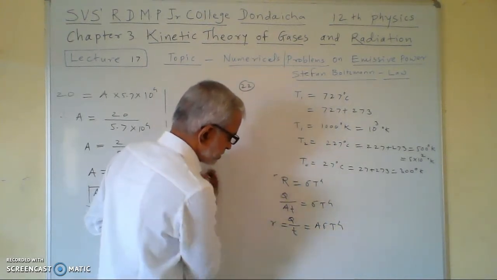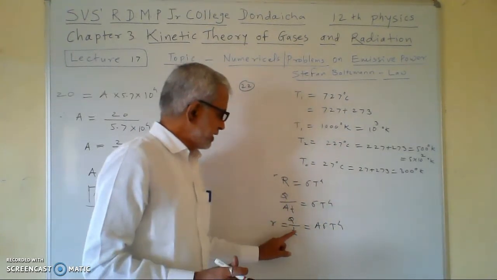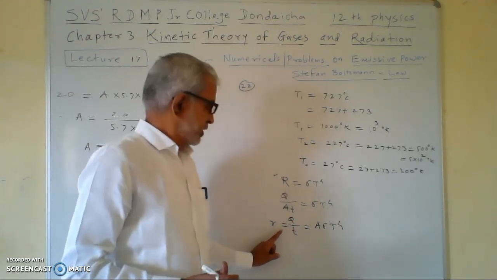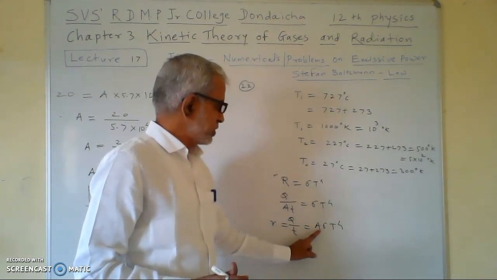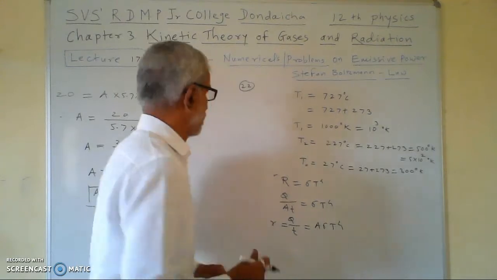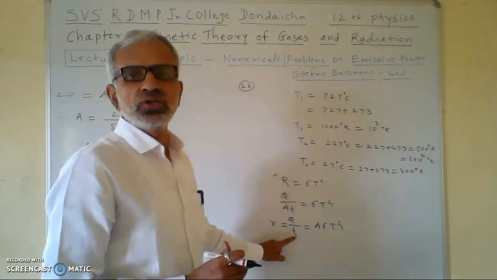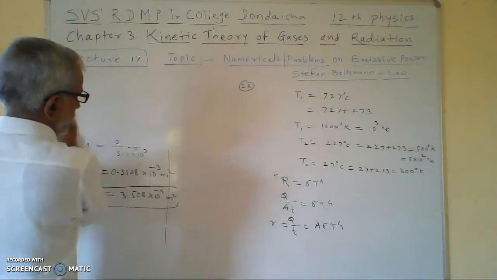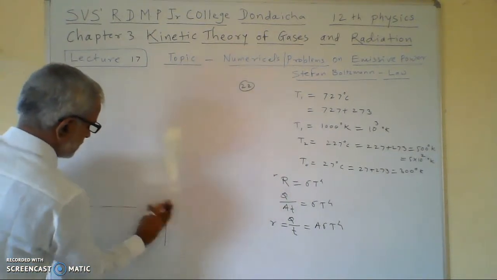This is the heat radiated per unit time. It is called the rate of emission. So rate of emission is equal to A sigma T raised to 4. So R is equal to A sigma T raised to 4. We use this formula to solve this problem.